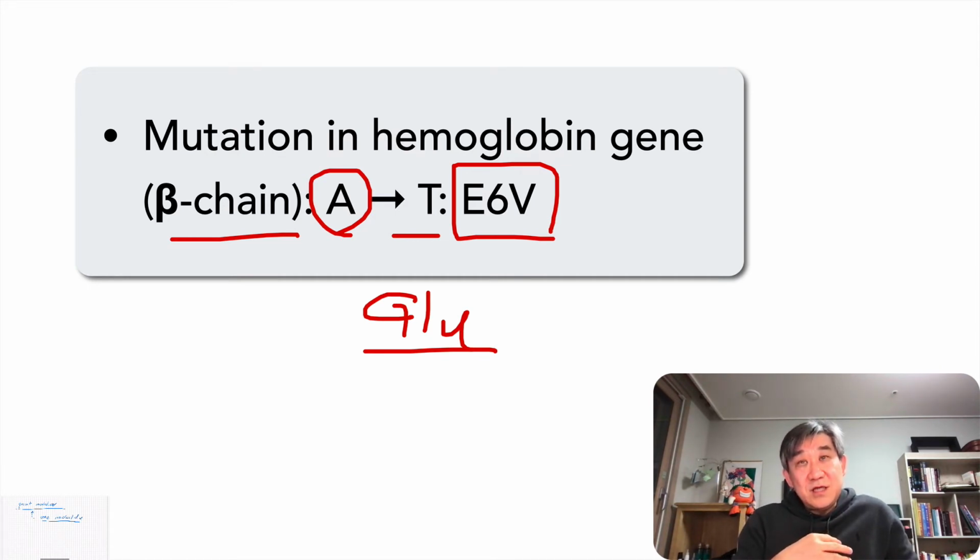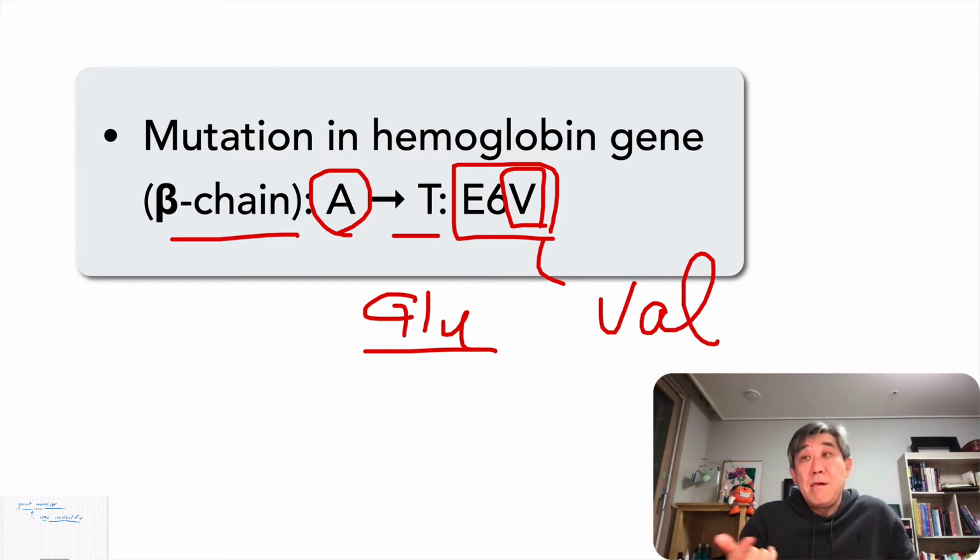The amino acid at position 6, which was originally occupied by glutamic acid, has now become another amino acid, valine. Now the problem is that glutamic acid is an extremely hydrophilic amino acid, whereas valine is a hydrophobic amino acid.